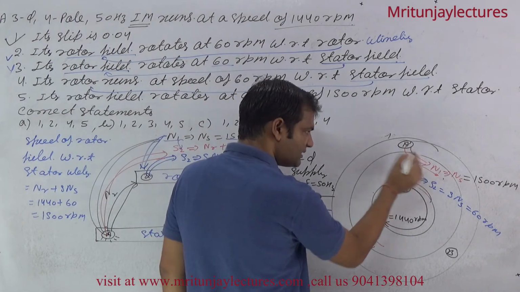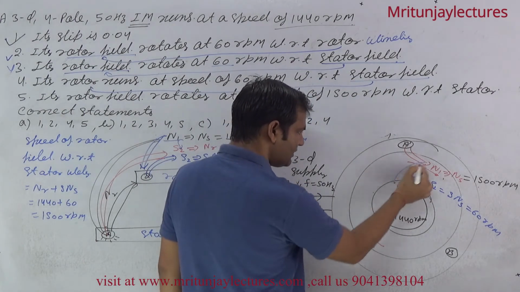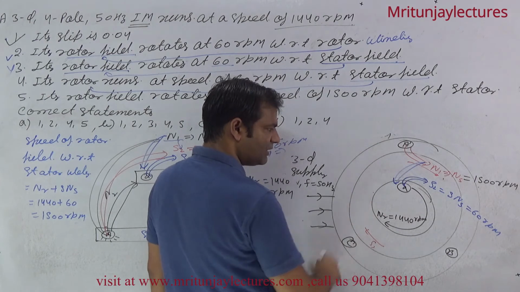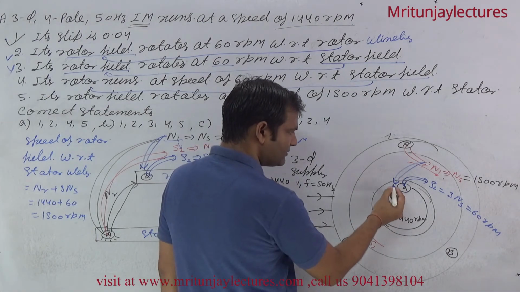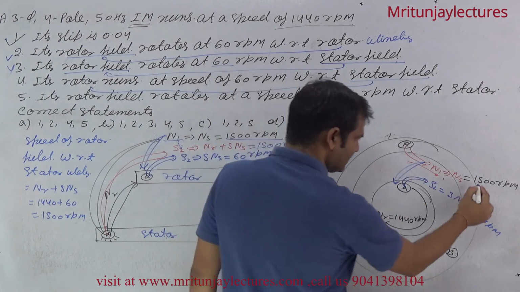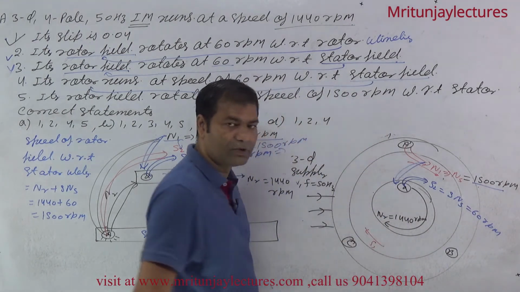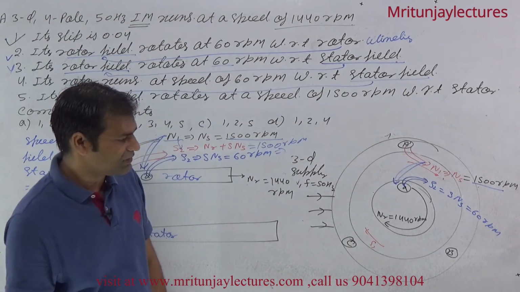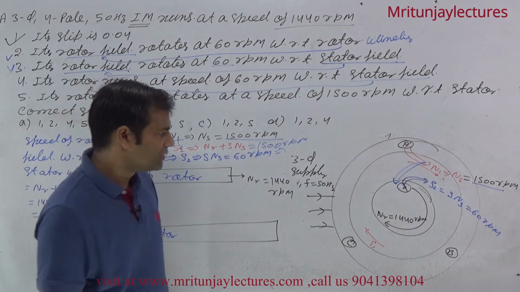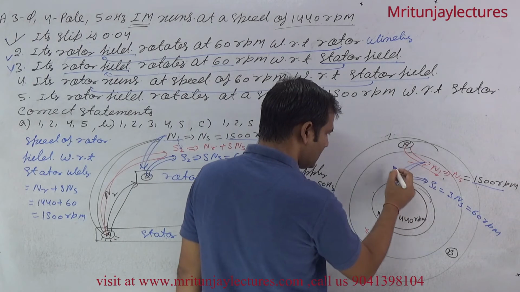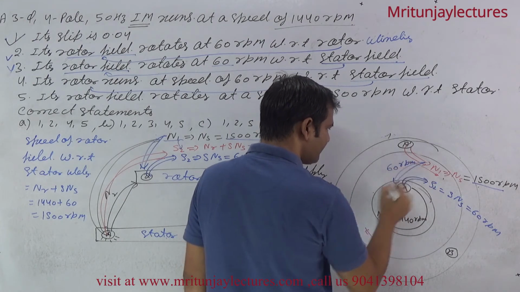You sit on the stator field and see the rotor winding. This one is 1500 rpm, and this one is 1440 rpm. Clear? So that is 60 rpm. Clear?